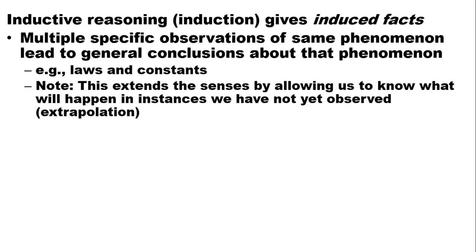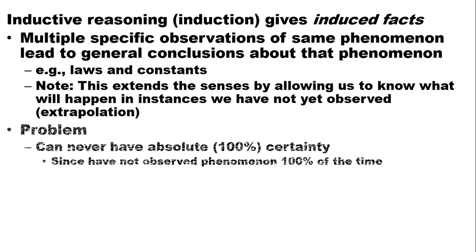But it does extend our senses by allowing us to know things, or at least to have good reason for thinking that we know things that we haven't actually observed. We call that extrapolation, where we take the data we've observed and we analyze it with inductive reasoning, and we go beyond it, we extrapolate.